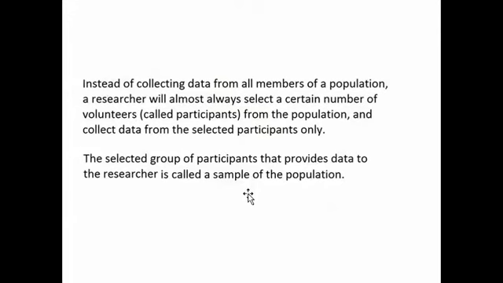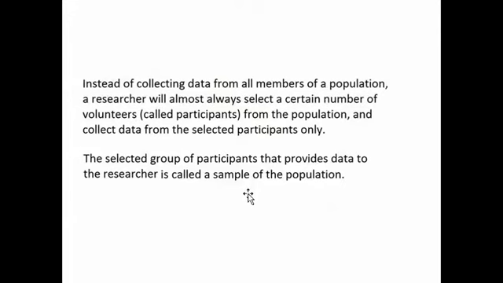So if I'm interested in whether college students in the US aren't getting enough sleep, and I go out and I find 100 college students who are willing to take my survey, and I ask each of those 100 people how many hours of sleep they're getting per night, those 100 people are my selected sample of college students.